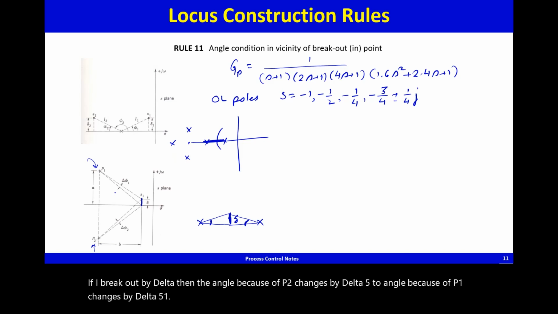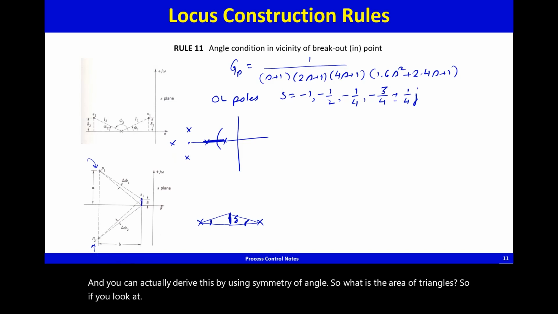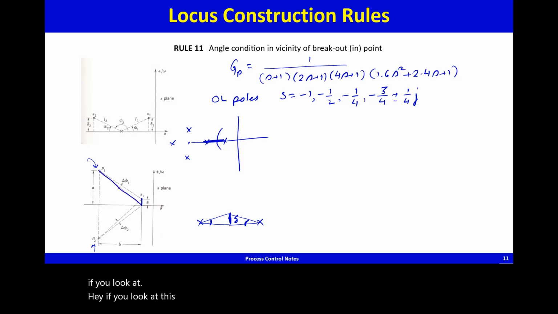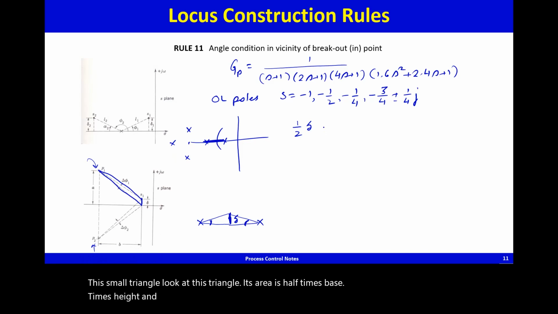You can actually derive this by using symmetry of angles. So what is the area of the triangles? If you look at this small triangle, its area is half times base times height, and the height is b.